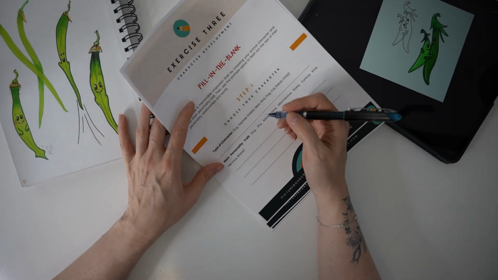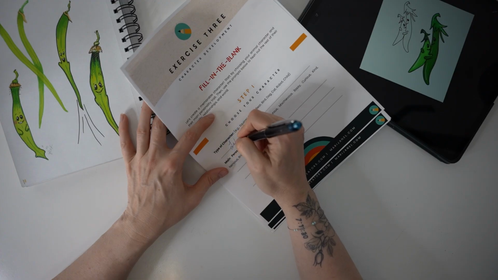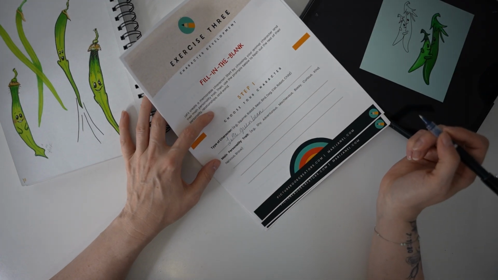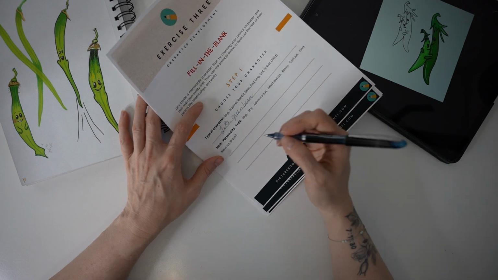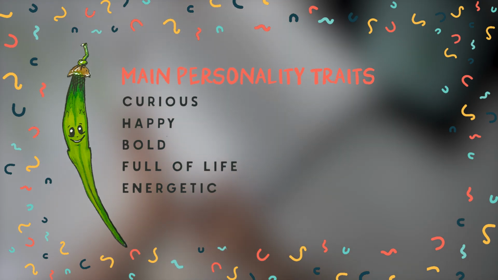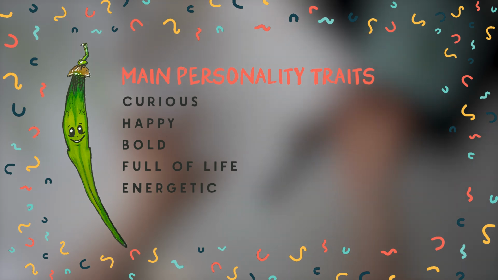So my type of character is a little green bean. The main personality trait for this character is definitely curiosity. This might come later on as I fill in more, but this little bean is known for jumping. I don't know if that's a personality trait, but I'm going to put it here anyway. And I want you to see that there really aren't rules.